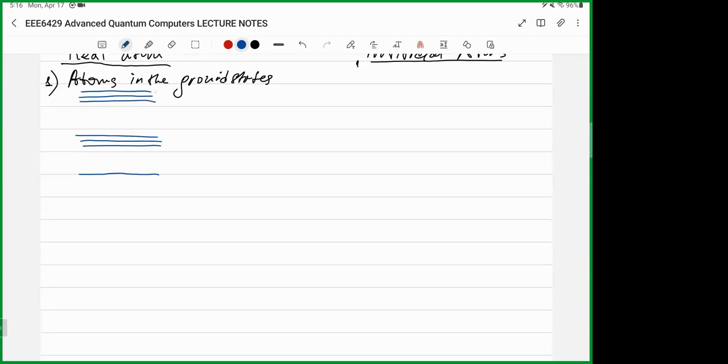We have multiple bands, and each band consists of different sub-levels of energy.